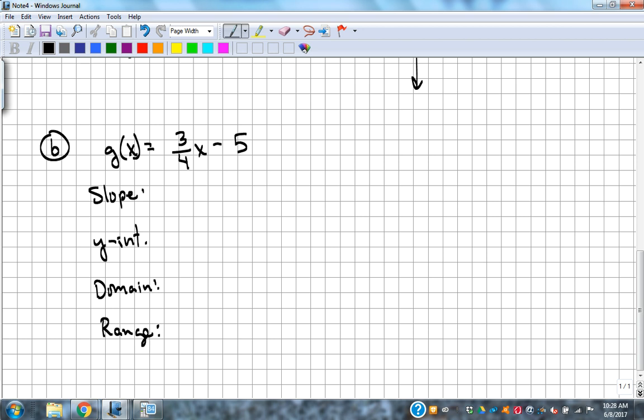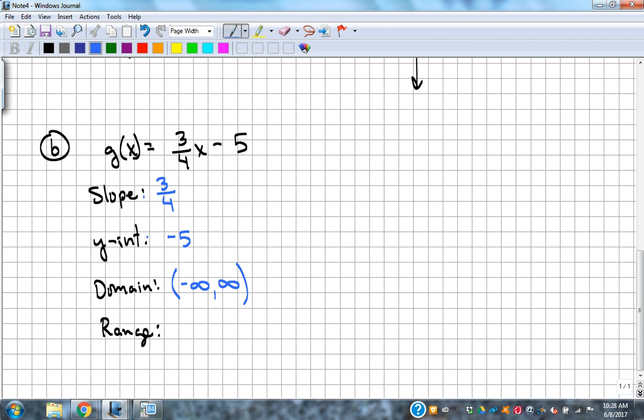What would the slope of this line be? 3/4. The y-intercept, negative 5. The domain, yeah, that's right. Negative infinity to positive infinity. Always going to be that.